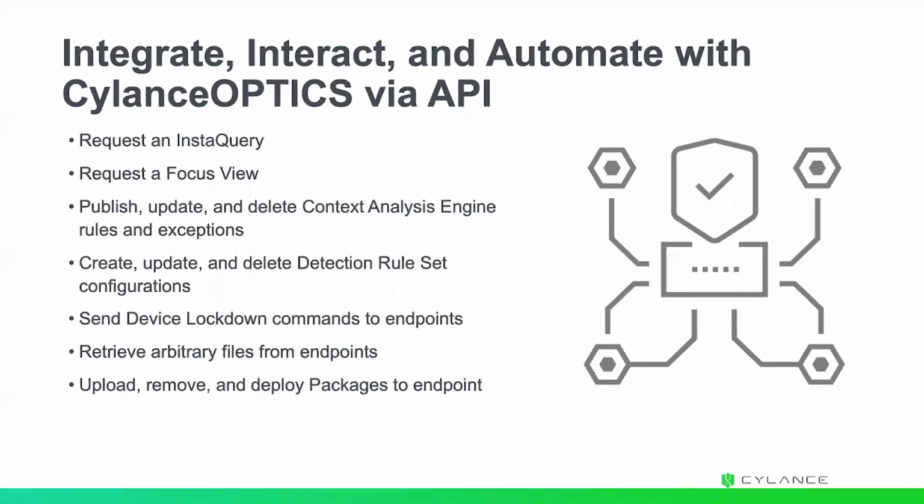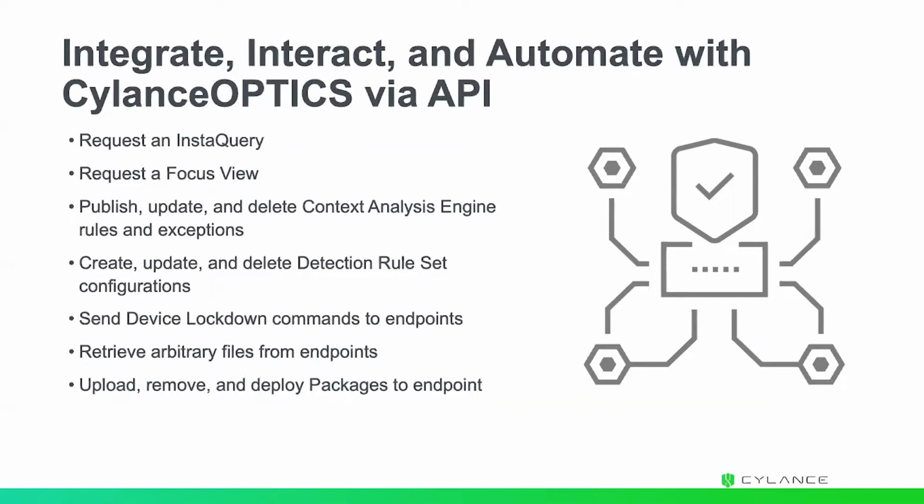If you're familiar with API v2 or using the Cylance Protect APIs, these are all integrated directly into there now. So you can grant the same permissions on the optics side of the APIs. But anything that you can do in the console, you can do via the API.